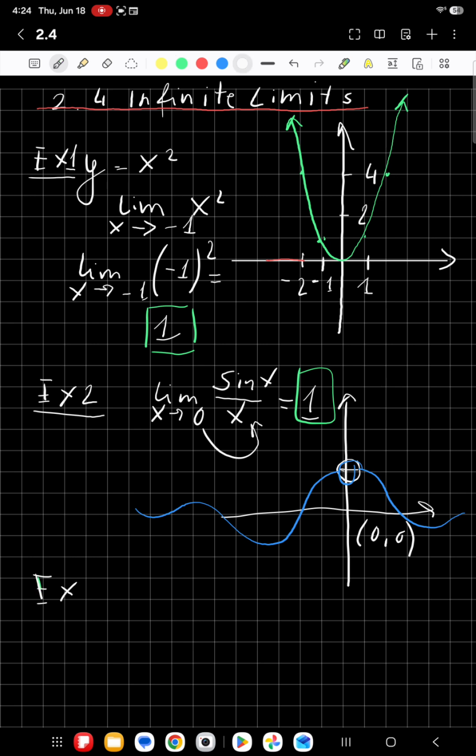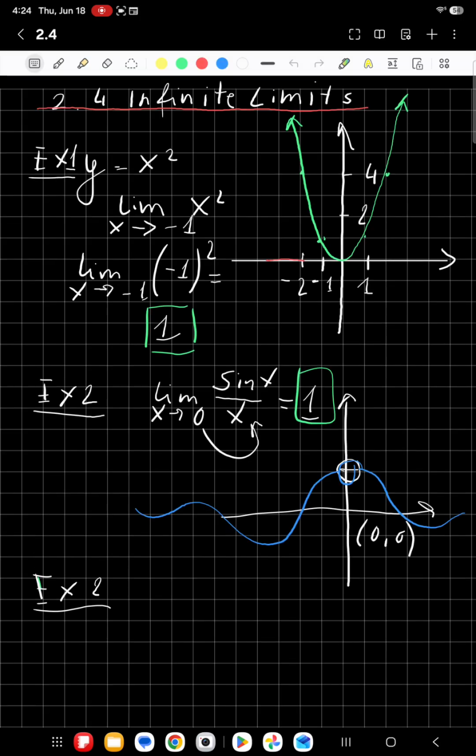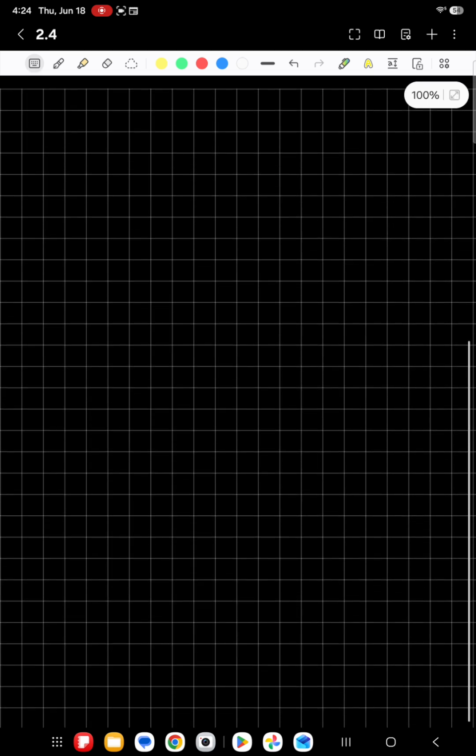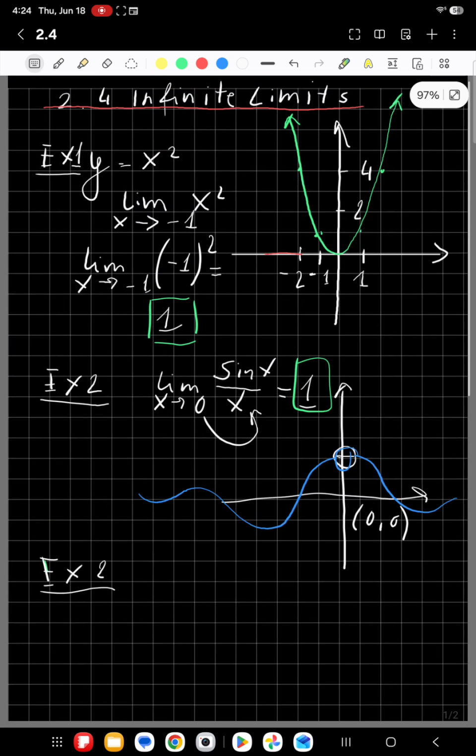And I think I showed you an example where the limit didn't exist. It was, with x approaching 0, the absolute value of x over x.